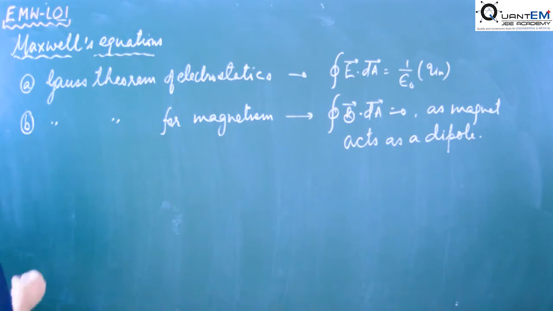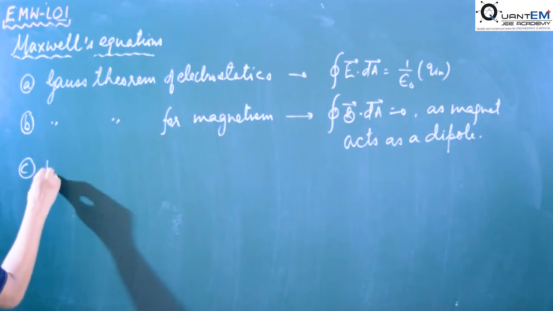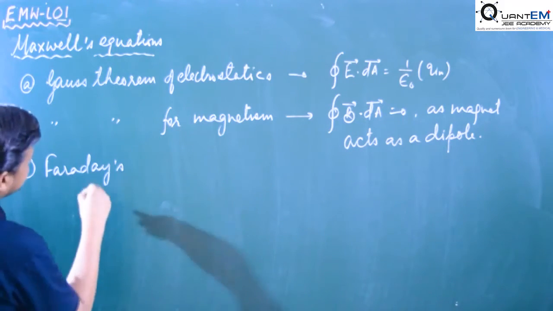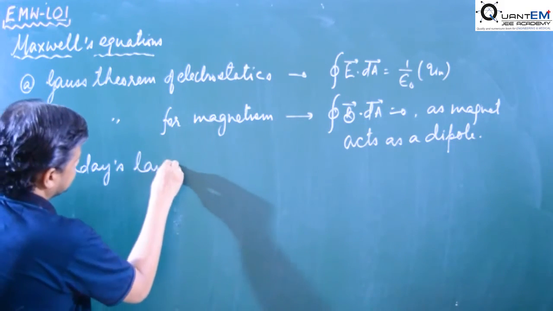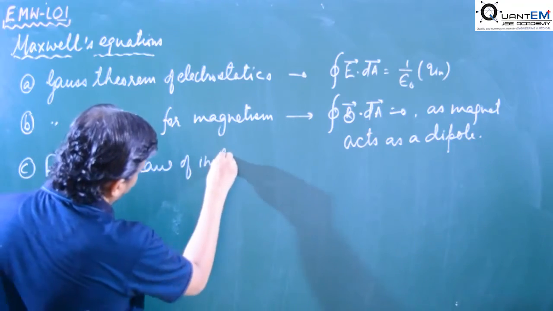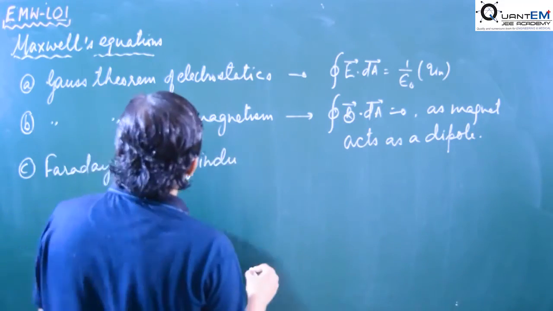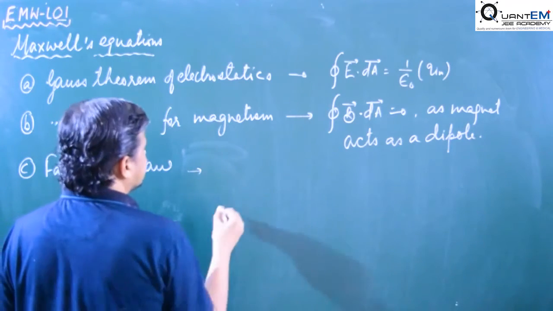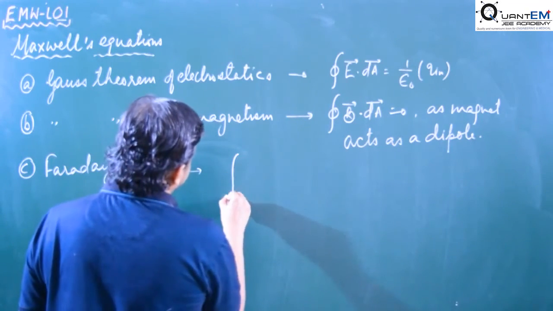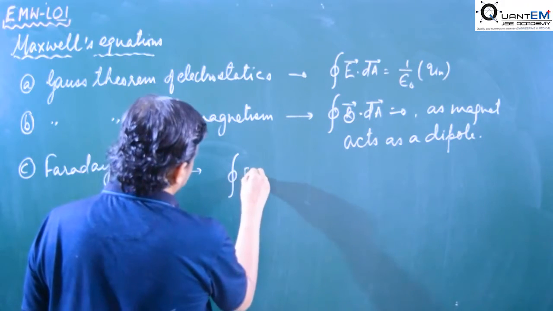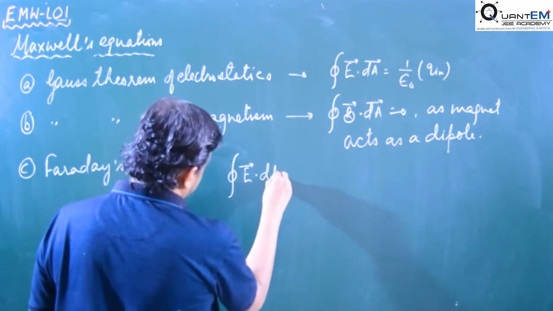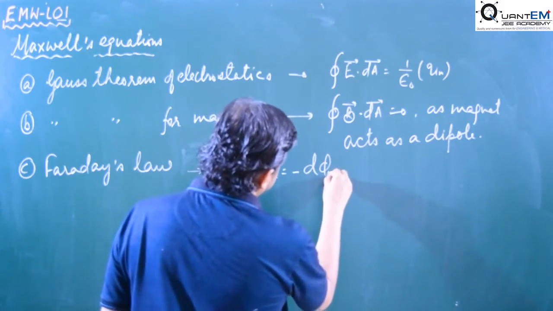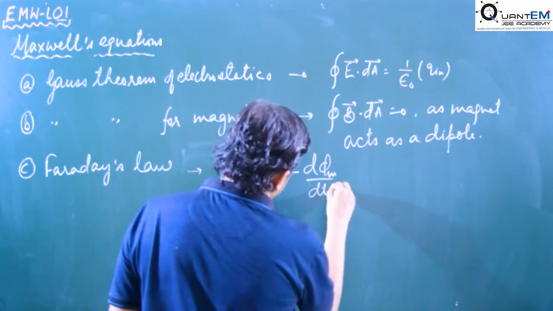Okay, now we come to Faraday's law. Faraday's law is the line integral of the electric field over the closed path, E dot dl, equal to minus d phi m by dt.